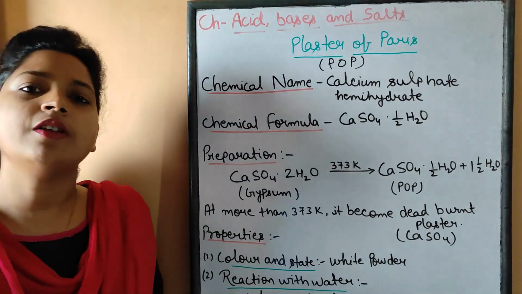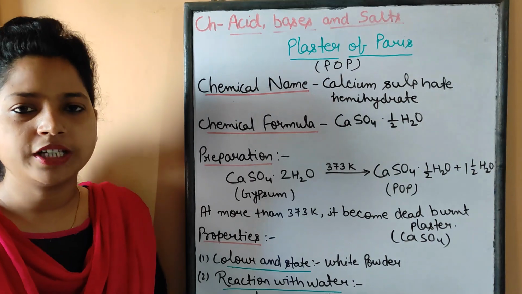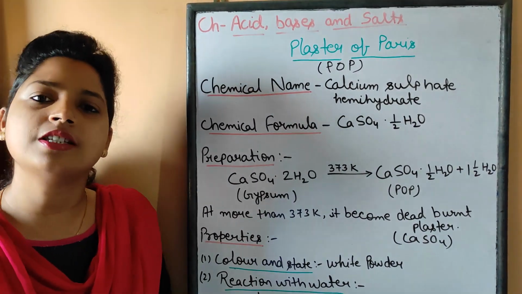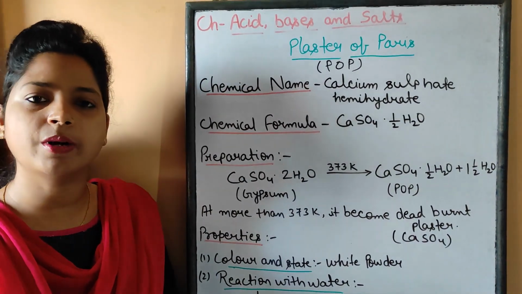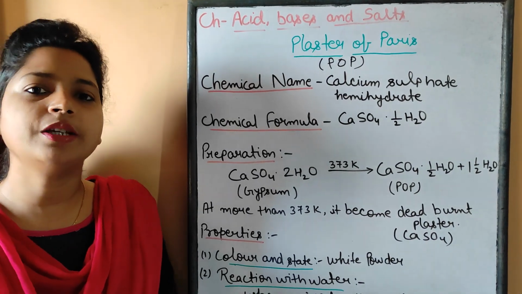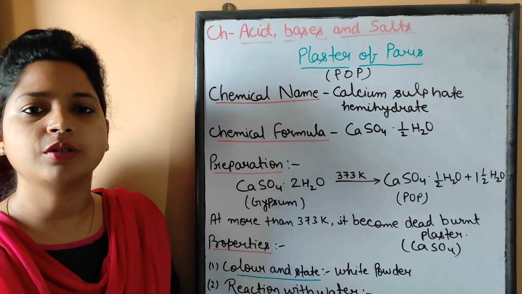Now, when we are looking at the preparation of this compound, students, I want to notify you that this compound is different from the previous compounds that we have read. In the previous compound, we read the preparation method from brine, that is sodium chloride.